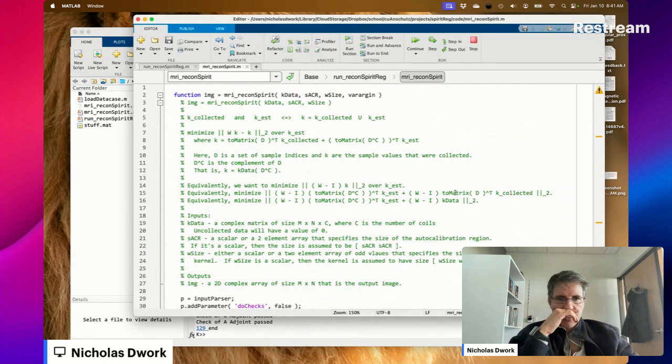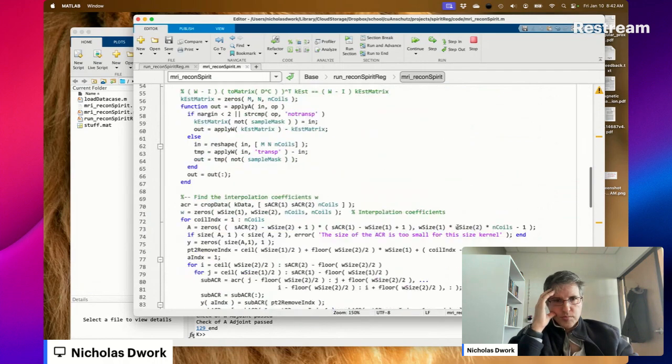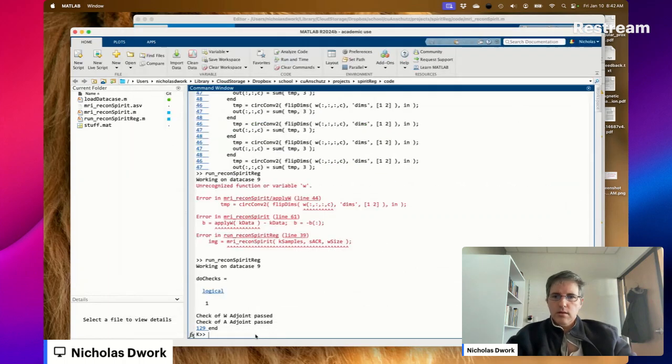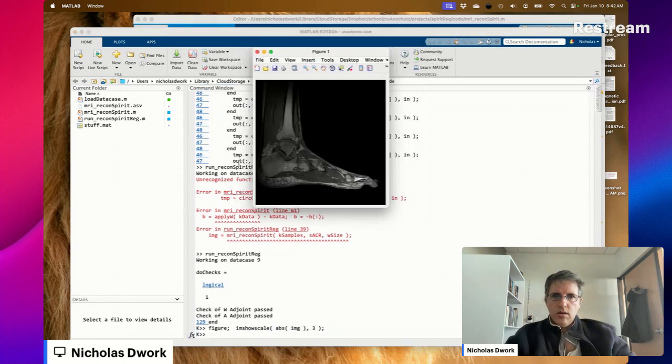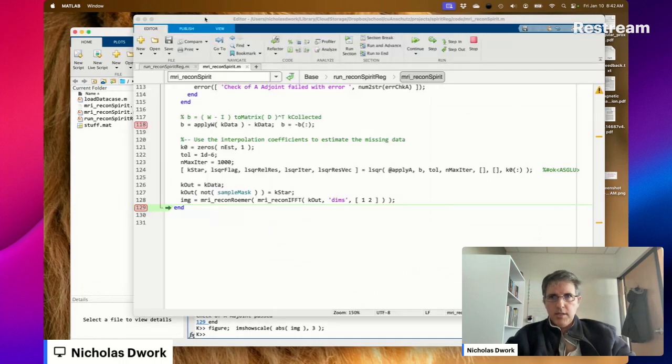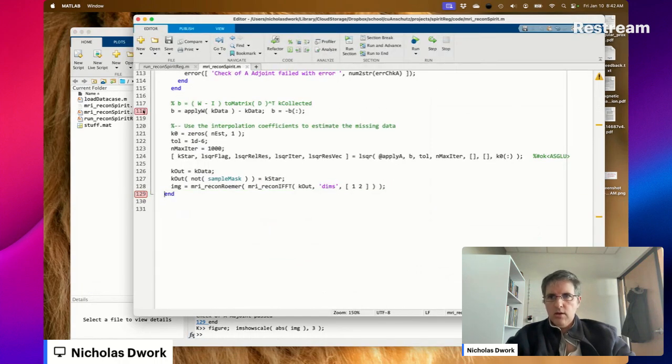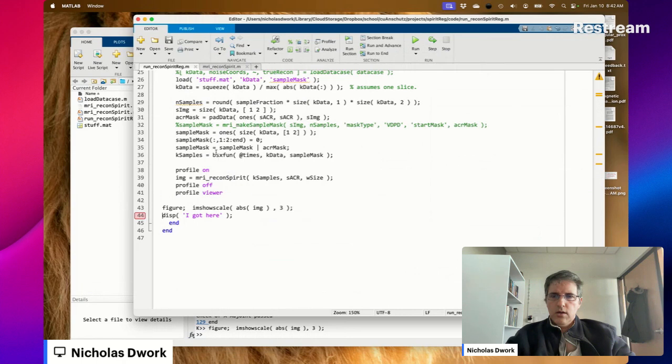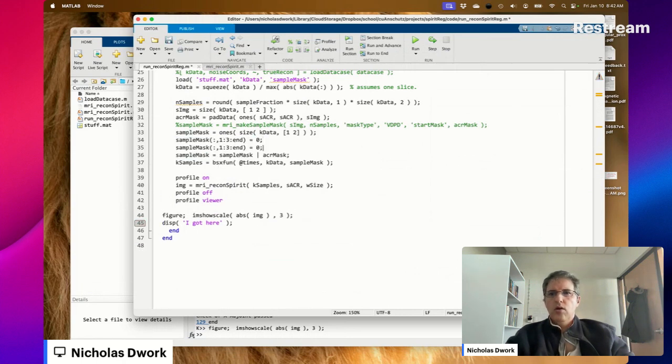W minus I. That's a beautiful looking image. Does it work better now? Let's undersample more. See what happens.